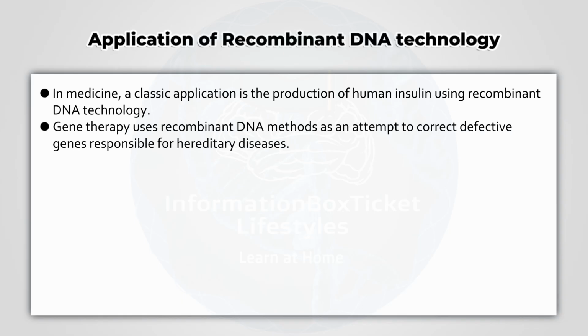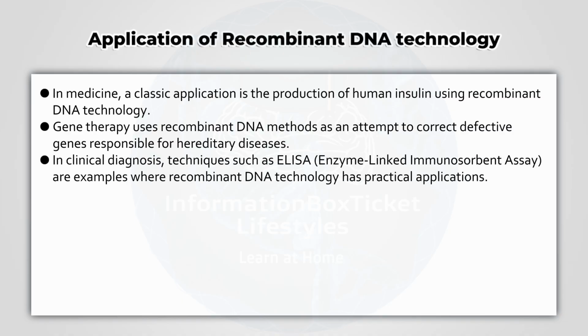Gene therapy uses recombinant DNA methods as an attempt to correct defective genes responsible for hereditary diseases. In clinical diagnosis, techniques such as ELISA, enzyme-linked immunosorbent assay, are examples where recombinant DNA technology has practical applications.